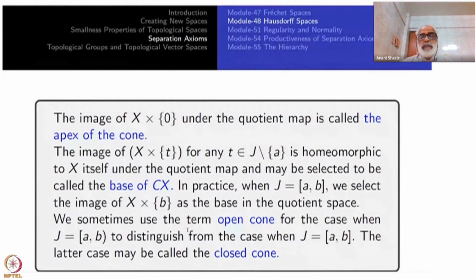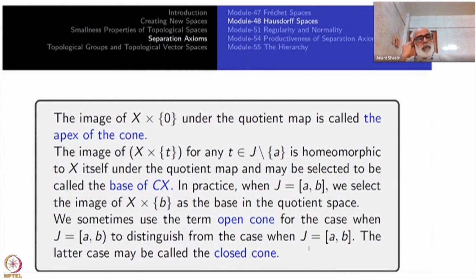J = [A, B] corresponds to the closed cone, B open will correspond to the open cone. An open cone doesn't have a unique base. You could have taken any t, they all serve the same purpose. Whereas in the closed cone, you can take the last point B, then X cross B will be the base.